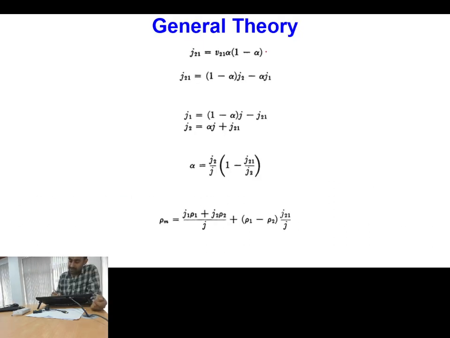So these equation numbers 1 and 2 are something which we know from our very first lecture, from the second or third lecture, when we discussed the nomenclature of two-phase flow. So this J21 over here is something which is called drift flux.